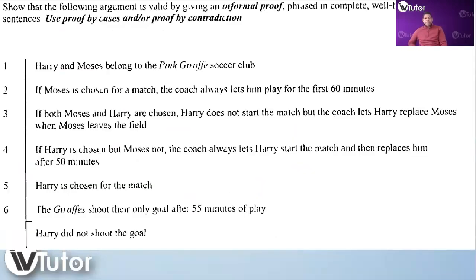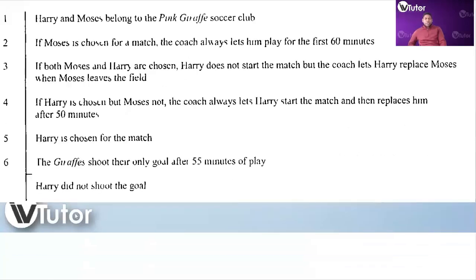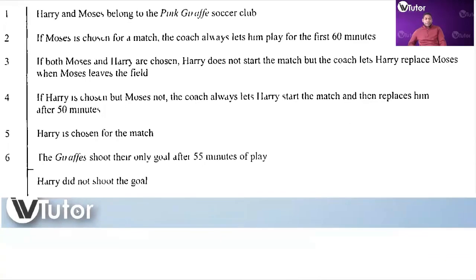Let's look at something like this and consider using proof by contradiction. Let's use proof by contradiction for this one as well. So what's the assumption? We're going to assume that Harry shot the goal.